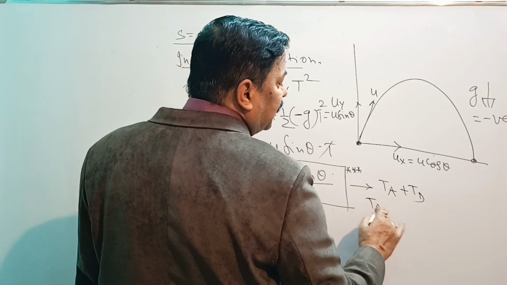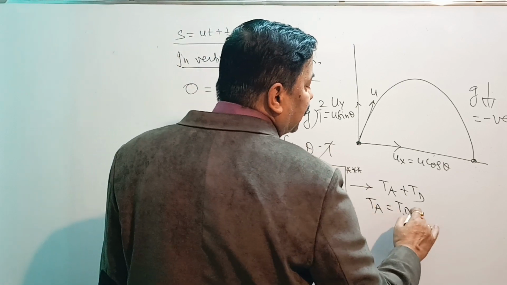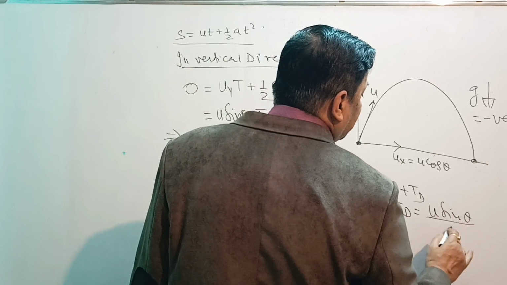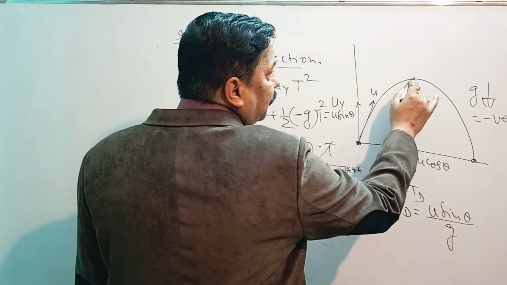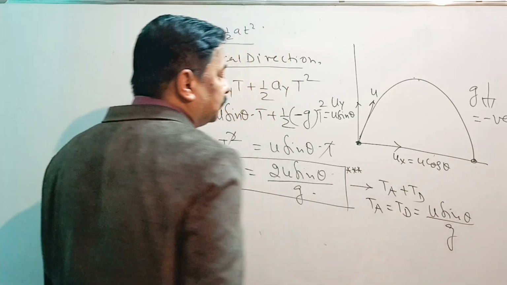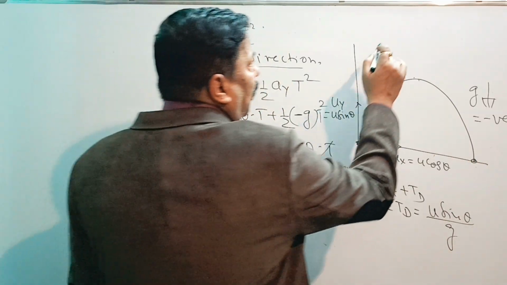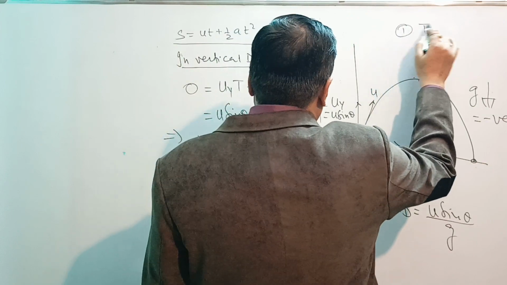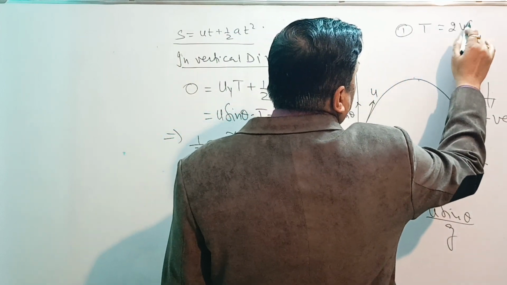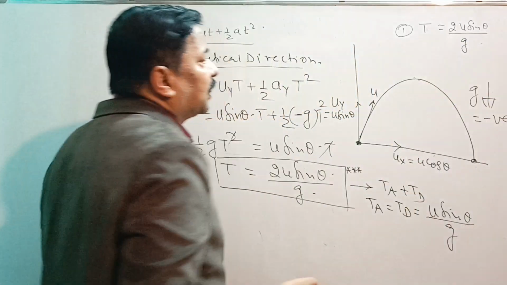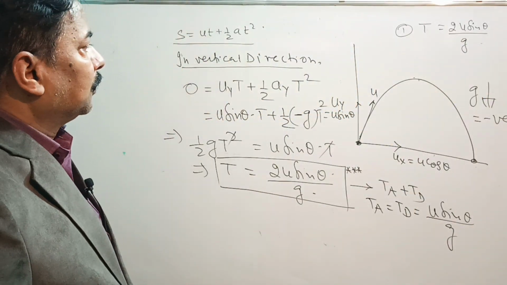So time of ascent is equal to time of descent is equal to u sine theta by g, upward from here and here to here. So we are getting the first expression for time of flight, T is equal to 2u sine theta by g. First expression we have got.